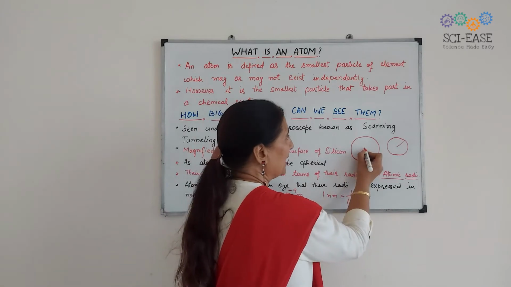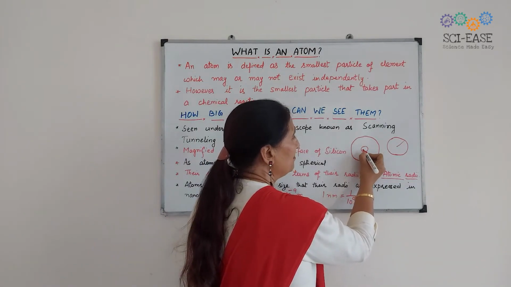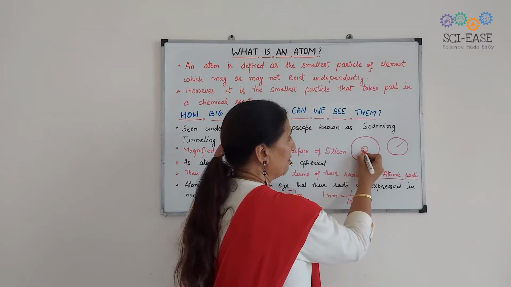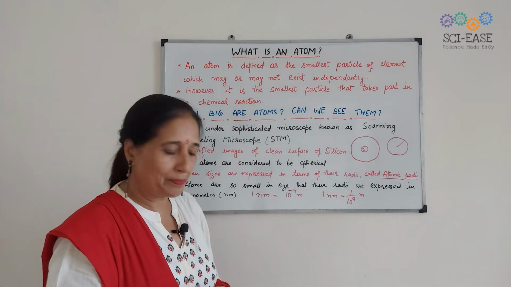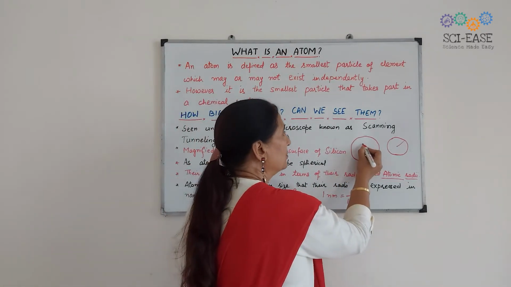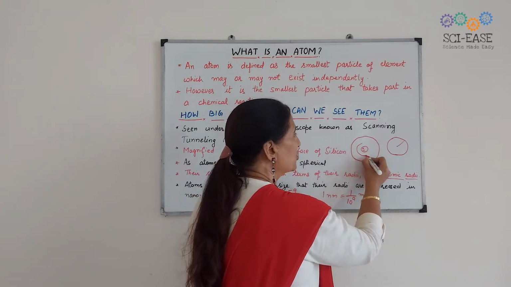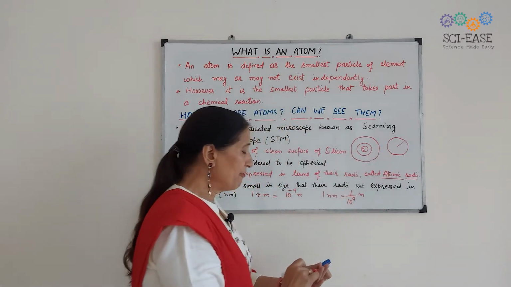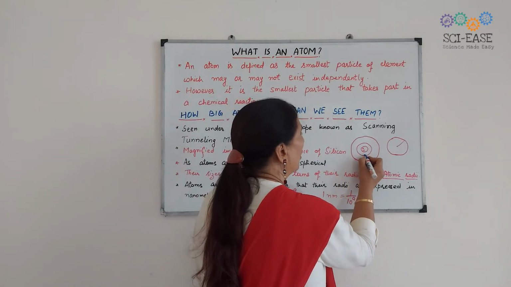What is atomic radii? Suppose this is a nucleus of an atom in which proton, which are positively charged, and neutron, which have no charge, these two particles are present. Around this nucleus is the extranuclear region, or you can say shells, in which the electrons, they revolve.